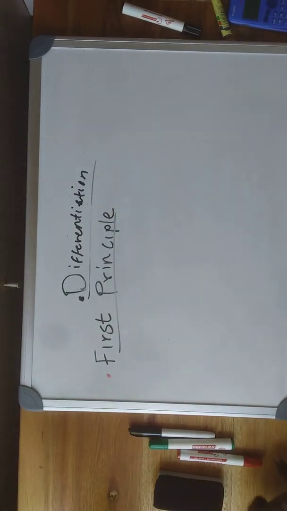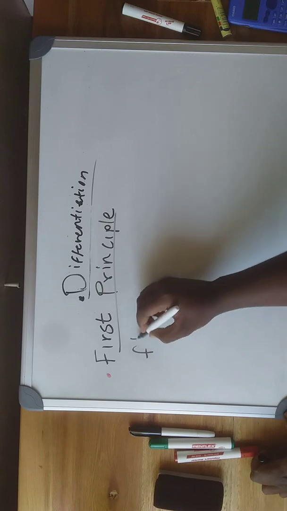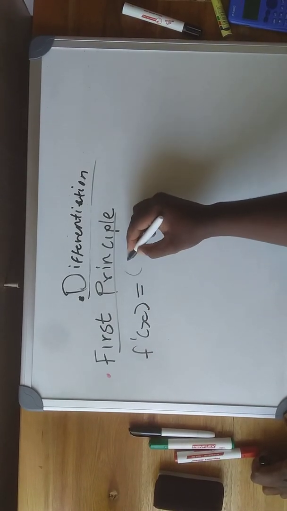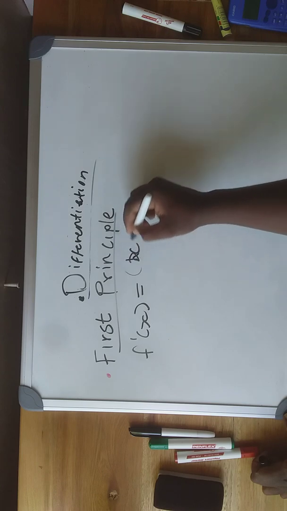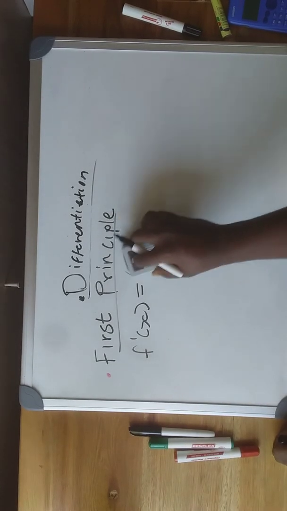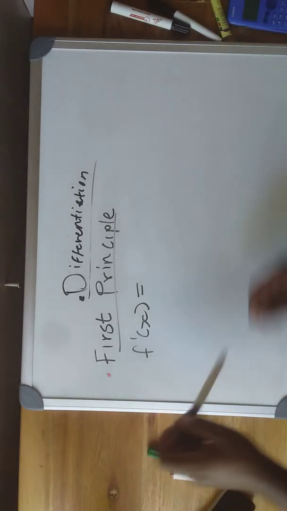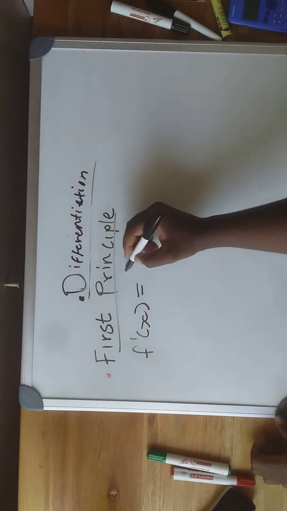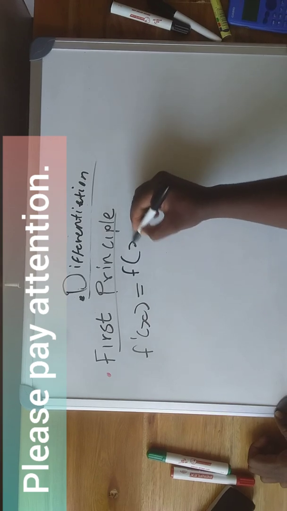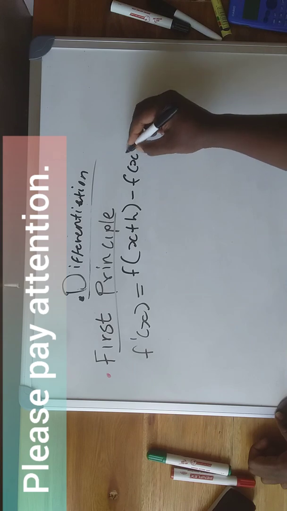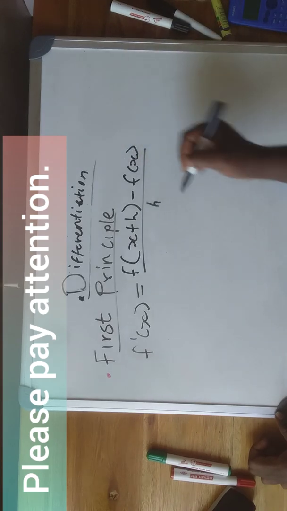This thing we call the first principle, which is defined by this formula: the limit as h approaches 0 of f of x plus h minus f of x, all over h.